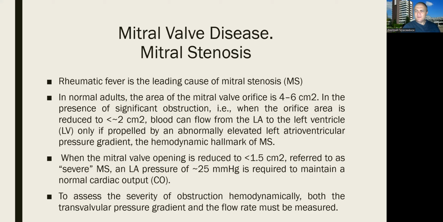When the mitral valve opening is reduced to 1.5 centimeters square, referred to as severe mitral stenosis, a left atrial pressure of 25 millimeters mercury is required to maintain a normal cardiac output. To assess the severity of obstruction hemodynamically, both the transvalvular pressure gradient and the flow rate must be measured.